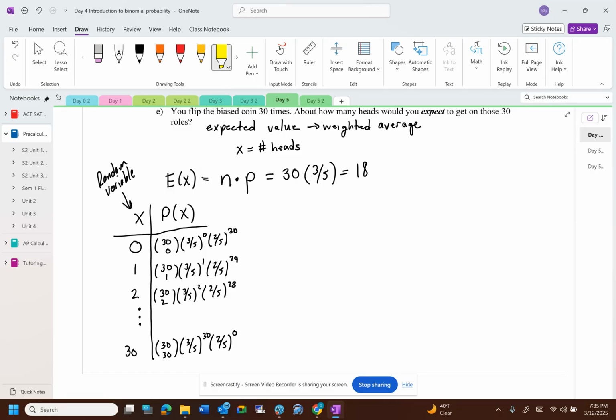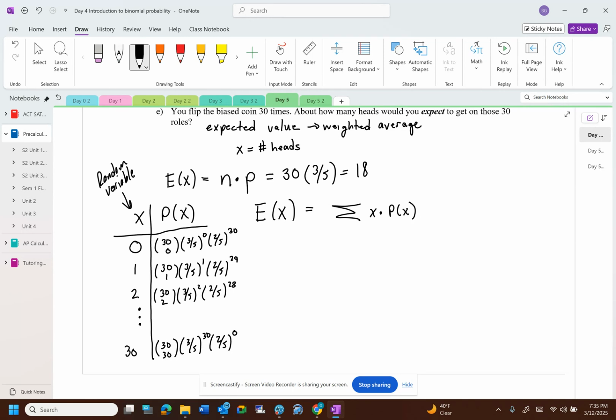Okay? So how do you calculate expected value when you have a setup like this? Well, as I mentioned before, it's a weighted average. So I'm going to put the sigma there for add. I'm going to take all of the values that the random variable can take on and multiply each by its probability.